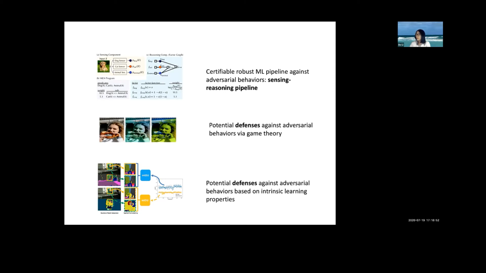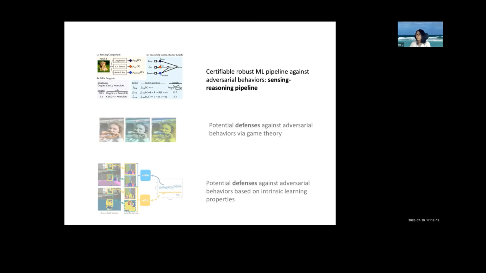First, we'll talk about the certifiably robust sensor reasoning pipeline. Then we'll talk about how to leverage game theoretical analysis to analyze the robustness or vulnerability of machine learning models. And then I will talk about other intrinsic information that can be leveraged in either the data or the machine learning model itself, so that we can improve the robustness of machine learning models.